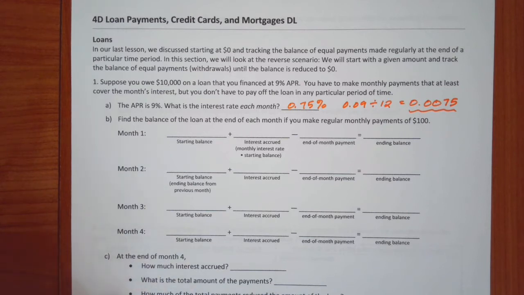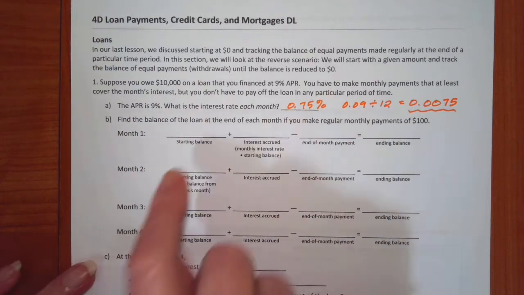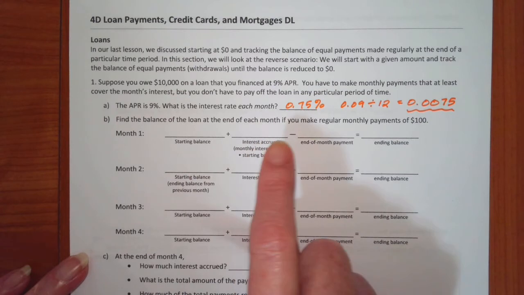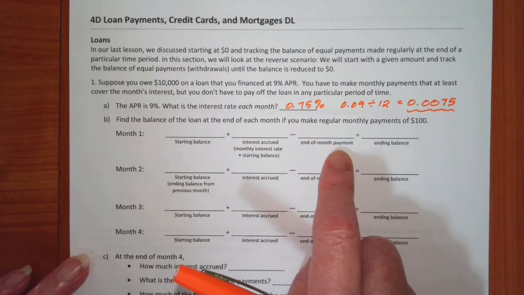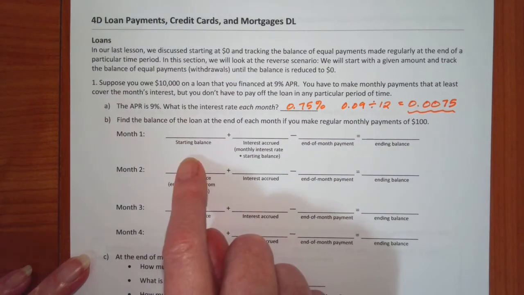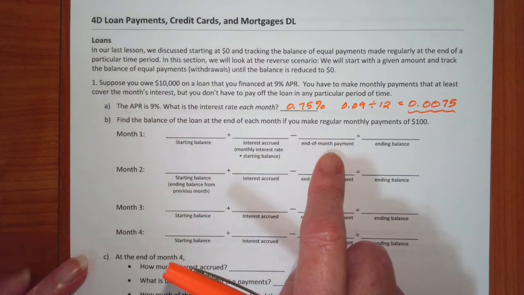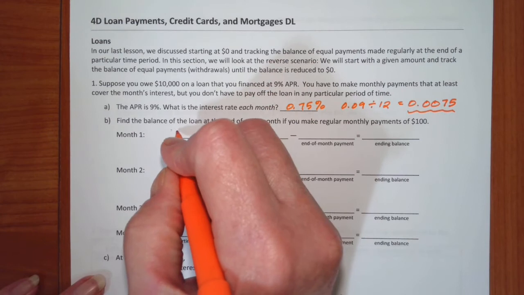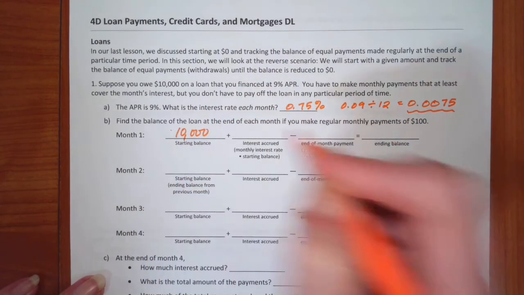Okay, so we want to find the balance of the loan at the end of each month if we make regular monthly payments of $100. Now notice, before we had the starting balance plus the interest plus the end of the month payment. But now we're starting with a balance and we're going to go down, so we're going to subtract that payment. So we start at $10,000.